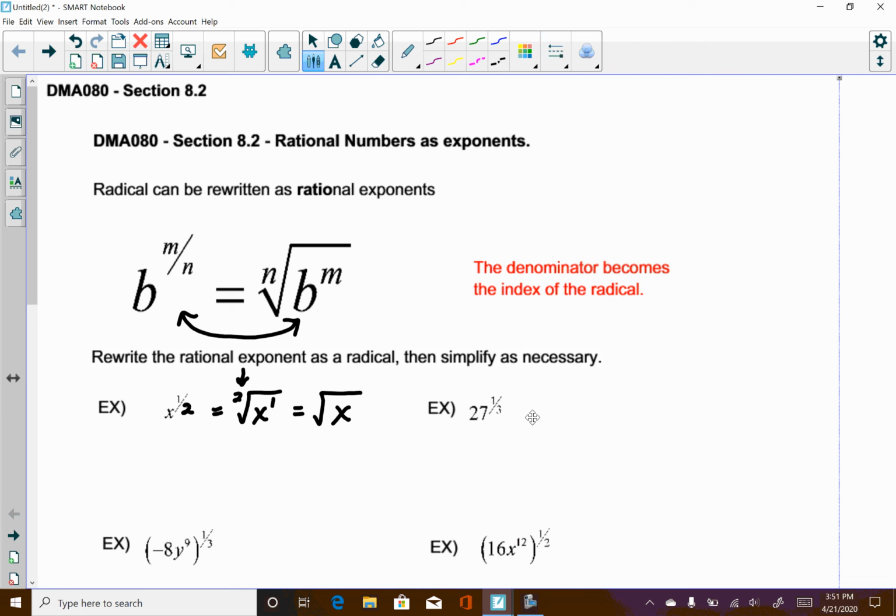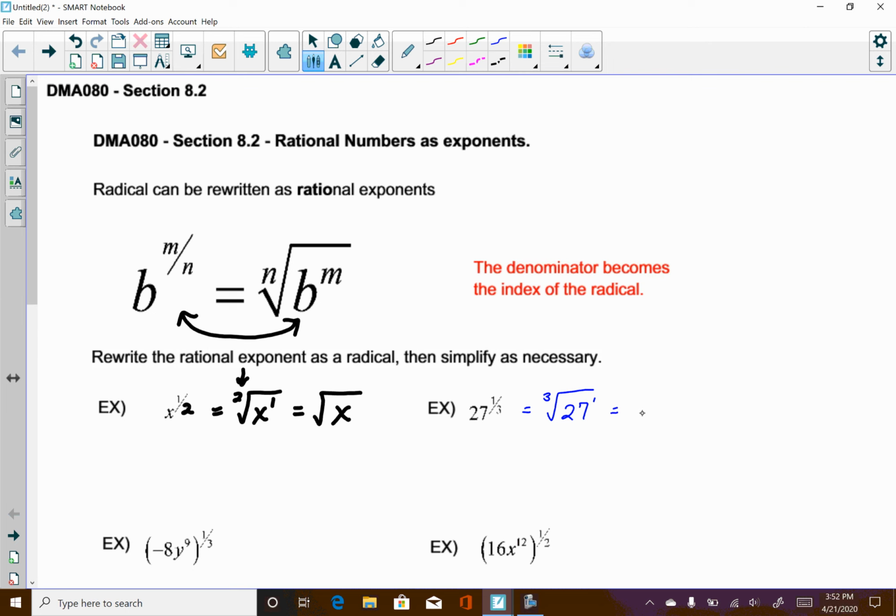So if we look on over to our right, 27 raised to the 1/3 would be the same as the cube root of 27 to the first power. So we think about, okay, well, is there a way that we could simplify this? Is there a number that we can multiply times itself 3 times to get 27?